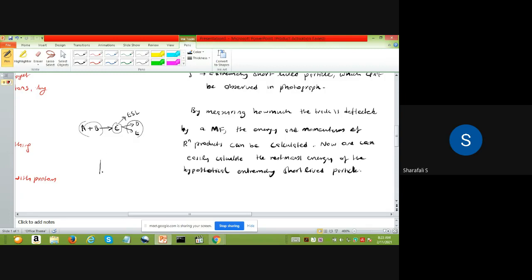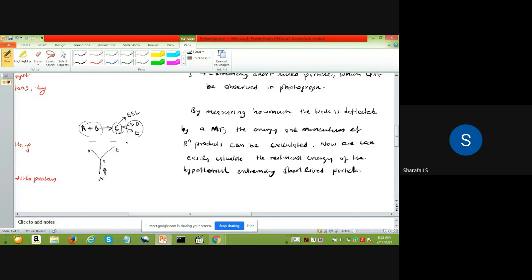So suppose in that photograph you have a track like this. Your B will be here somewhere, and then your A is coming. That is the missile particle which comes and interacts with these B particles, and it will produce E and D. In between, somewhere, this C is there, but we cannot detect it. There will not be any track in that photograph.